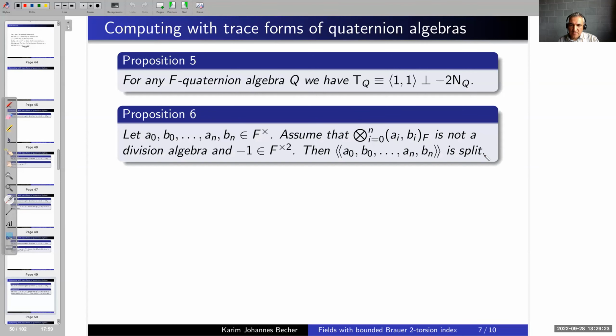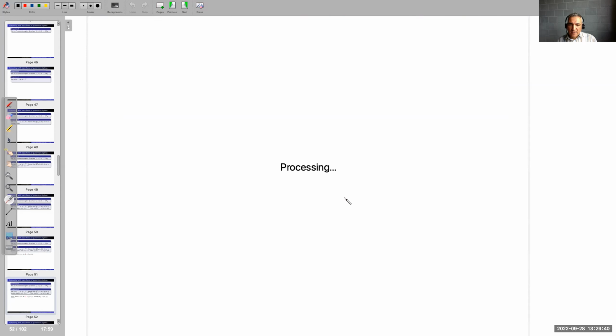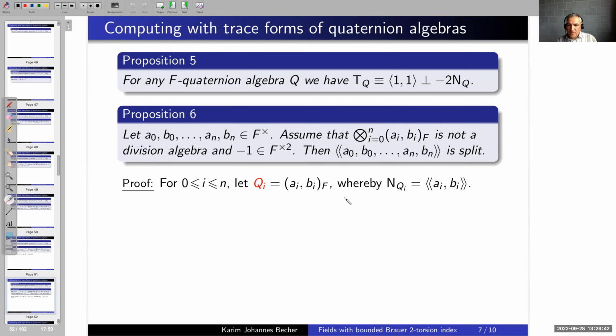So as I said, this is already known and can be done by a divided power operation, but here now a different argument. We can just look at the quaternion algebras, which I will denote by Q_i. The norm form of the Q_i is this a_i, b_i.